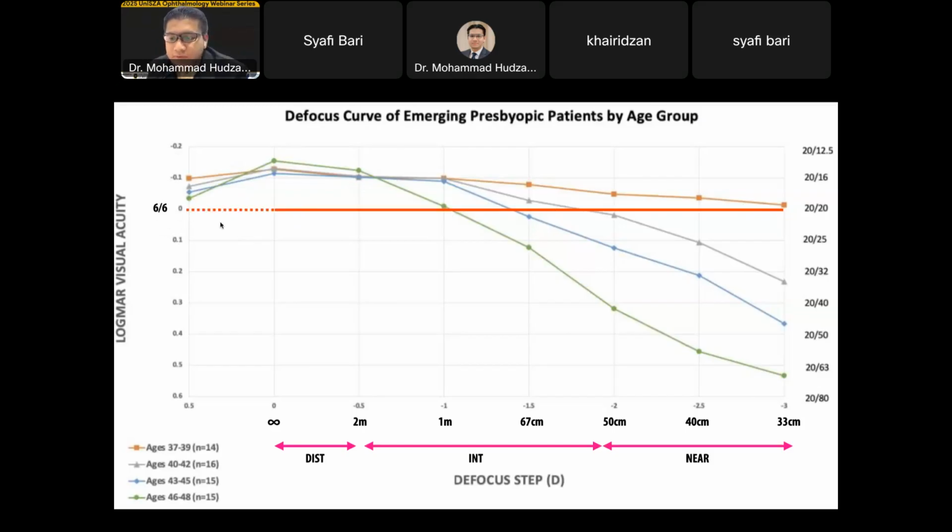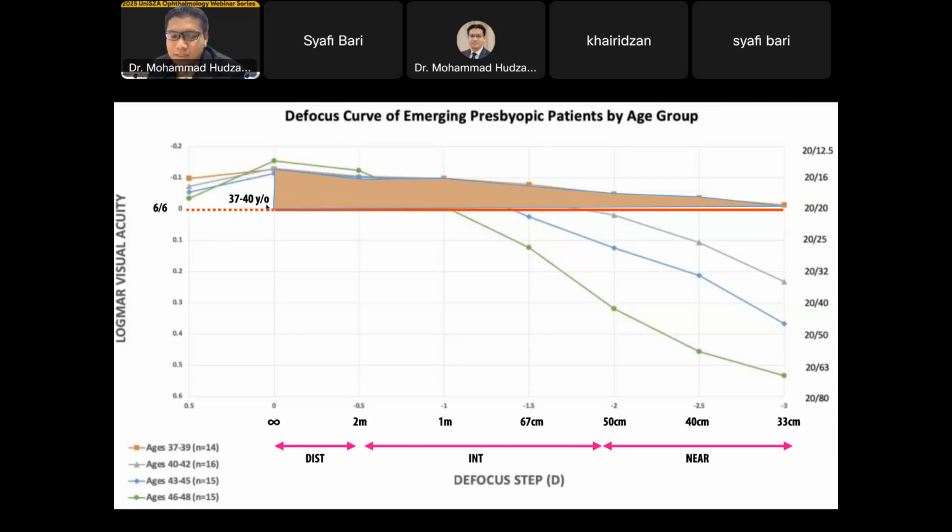Basically, this is perfect vision at 6/6. When you are 37 to 40 years old, your vision is at least 6/6, even better, from infinity until even 33 centimeters. So when you are young, your range of vision is basically perfect at all distances.